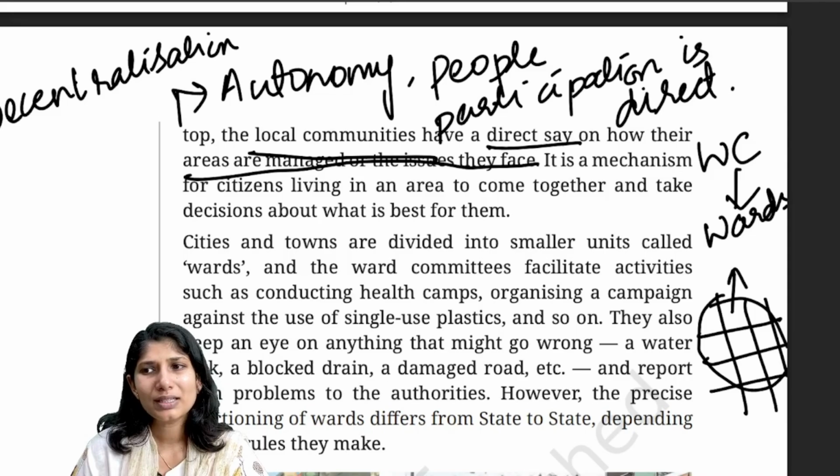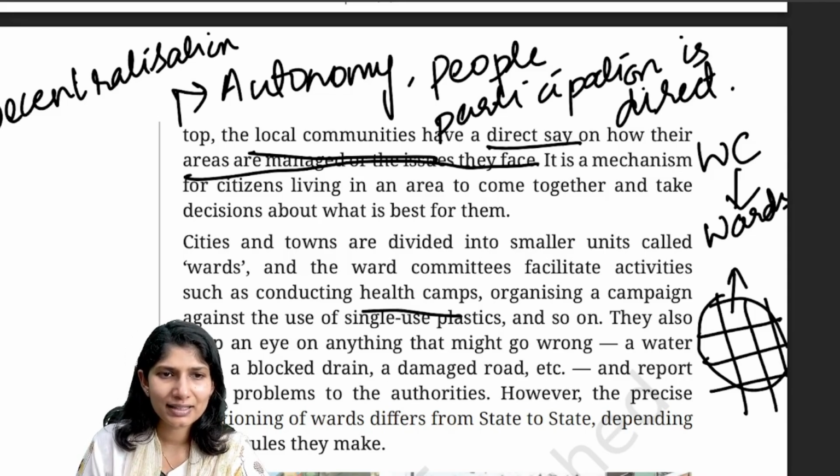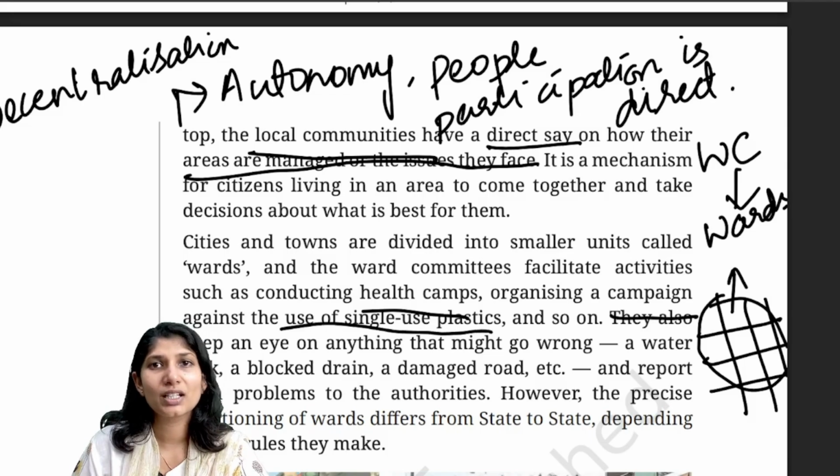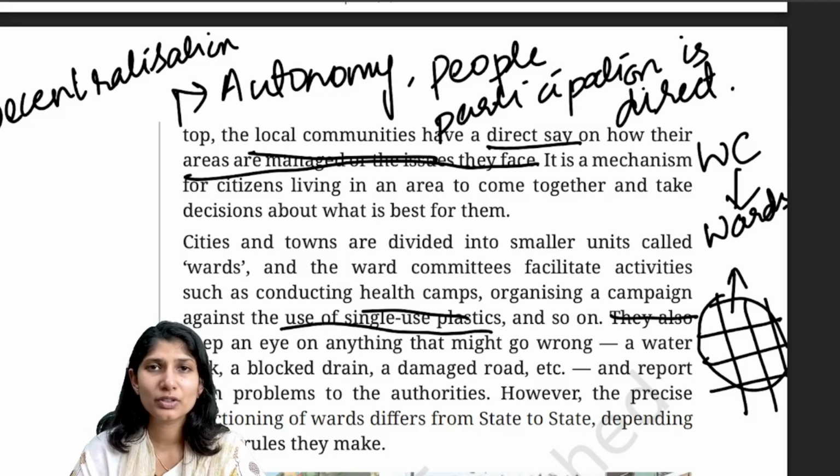Okay. What will this ward committee do? It will conduct health camps. It will organize campaigns against the use of single-use plastic because it is harmful for the environment, and it is not good for the country in the long term. They will also keep an eye on any issues that might happen in that particular ward.